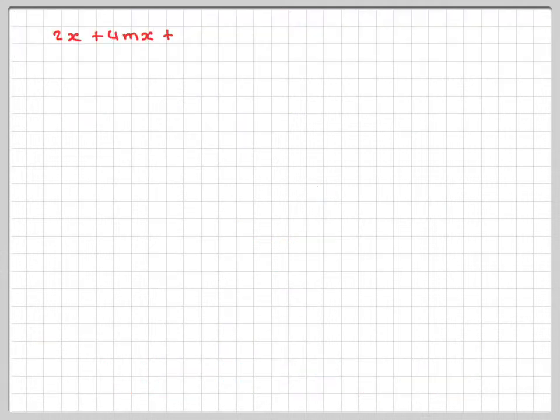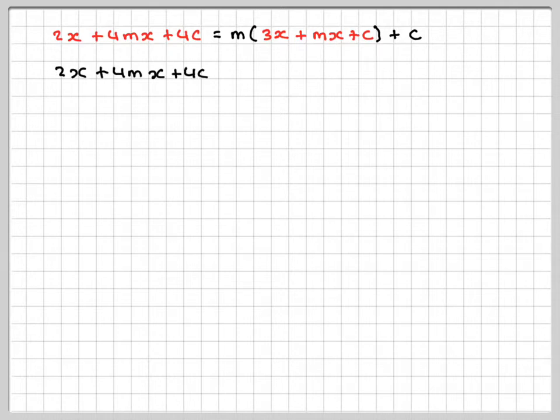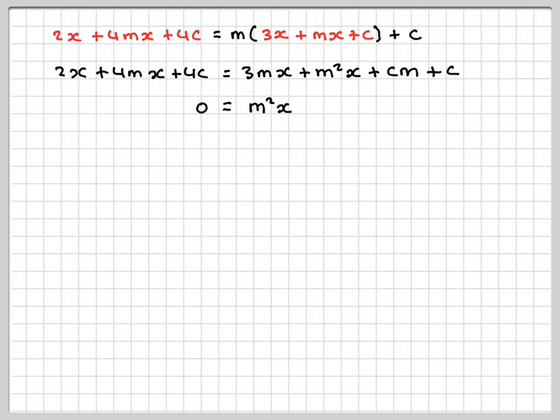So writing that out again. If we now expand that bracket, we get 2x plus 4mx plus 4c, then we get 3mx plus m squared x plus mc, or cm, plus c. Okay, so bringing everything over here, making this equal to 0, we're going to have m squared x.